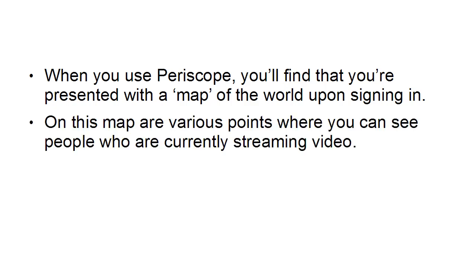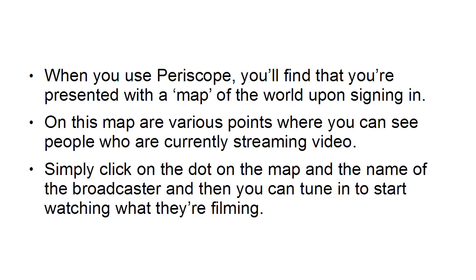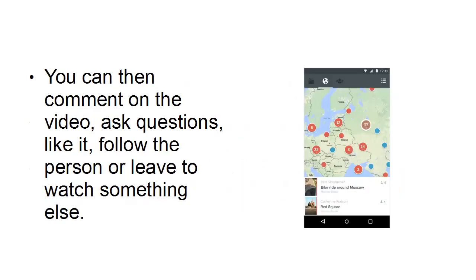And on this map are various points where you can see people who are currently streaming video. So simply click on the dot on the map and the name of the broadcaster, and then you can tune in and start watching what they're filming. It's a bit like having your own TV station in that respect. And you can then comment on the video, you can ask questions, you can like it, you can follow the person, or you can leave and watch something else.